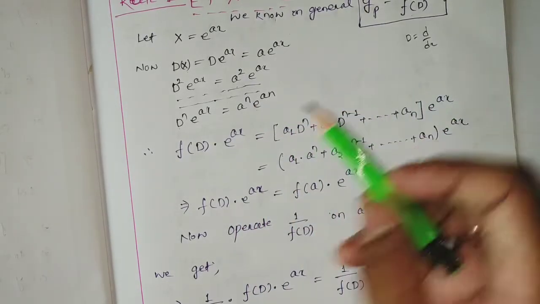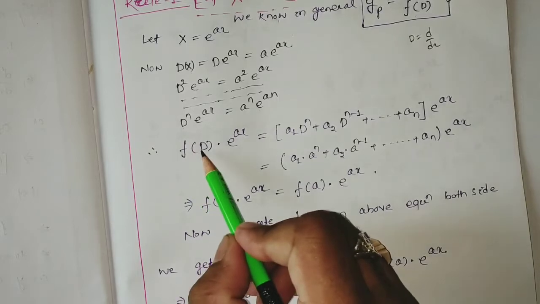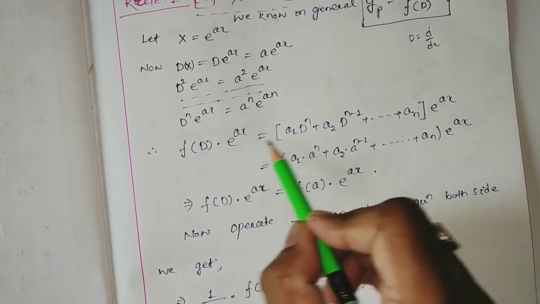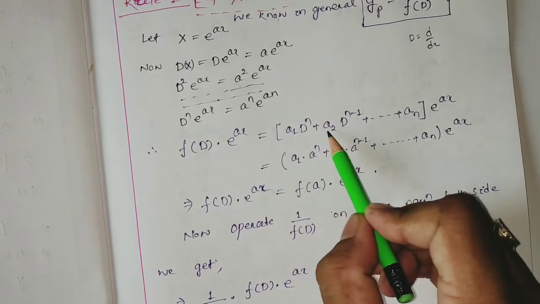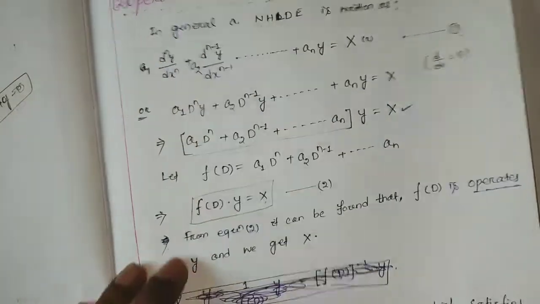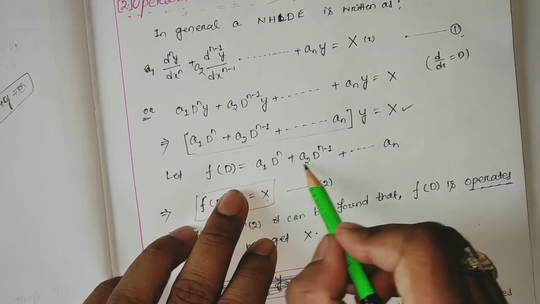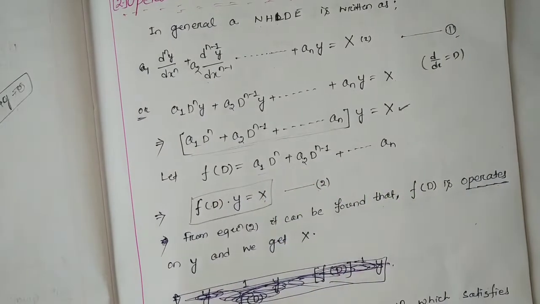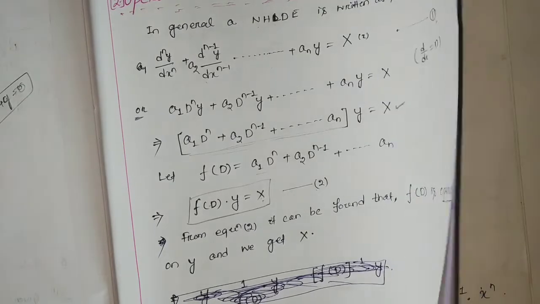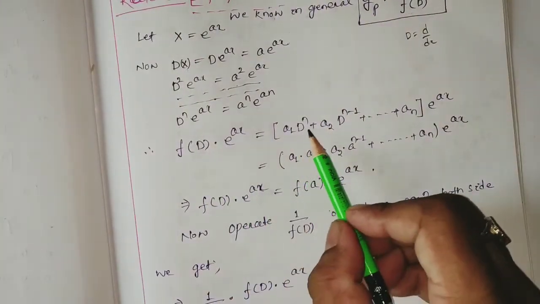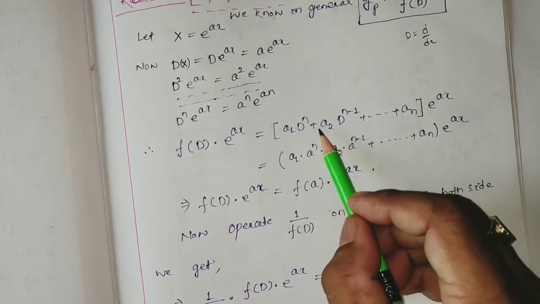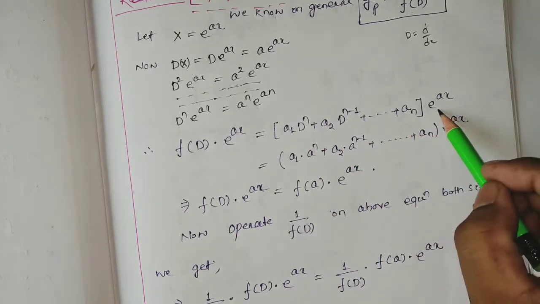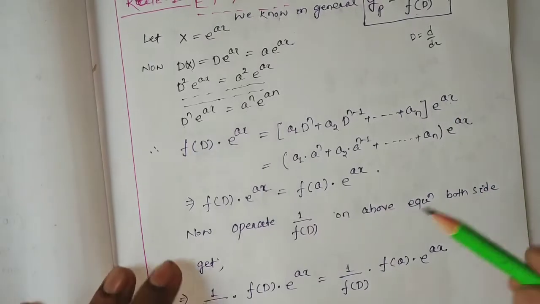Okay, so therefore f of D into e to the power ax, if I consider it, that is nothing but, because f of D we consider this one, let this be your f of D, that I am going to substitute over here: a1 D to the power n plus a2 D to the power n minus 1, and so on, an into e to the power ax.